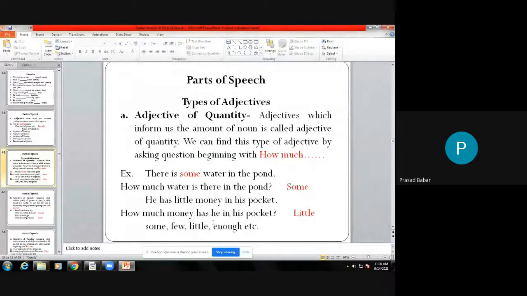So in the adjective of quantity, these are the adjectives which inform us about the amount of noun. Okay, so if we ask a question starting with how much, we can find the adjective of quantity in the sentence.